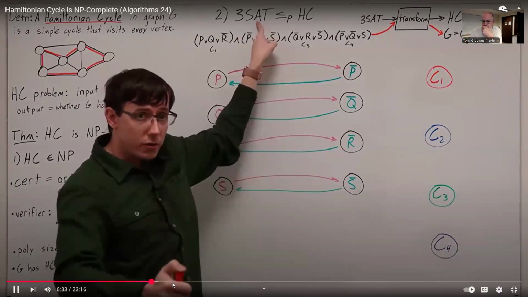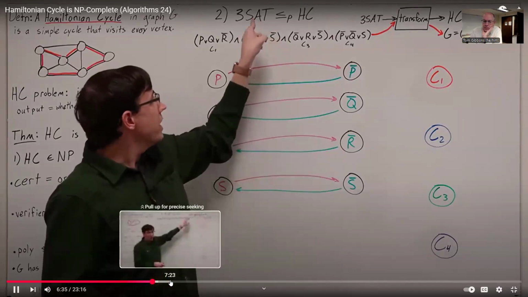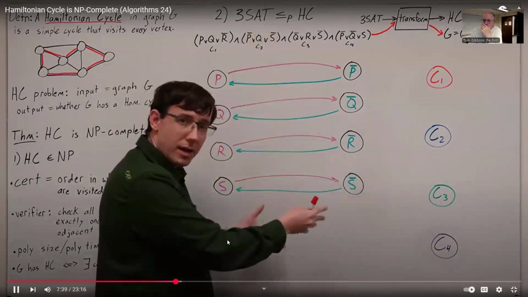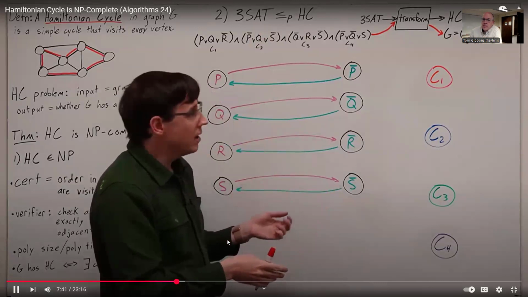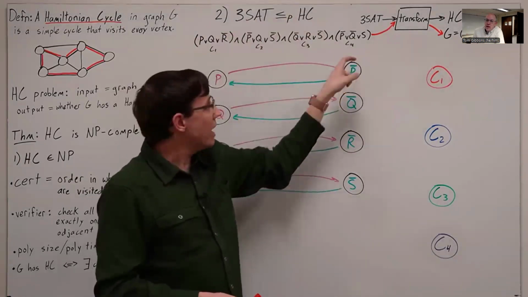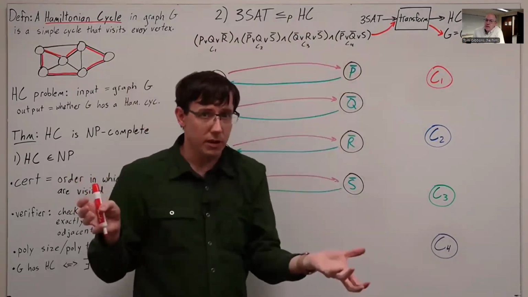So when you do these conversions, make sure that you are taking instances of 3-SAT and building very particular types of connected graphs that let us encode all of the information about some Boolean formula.